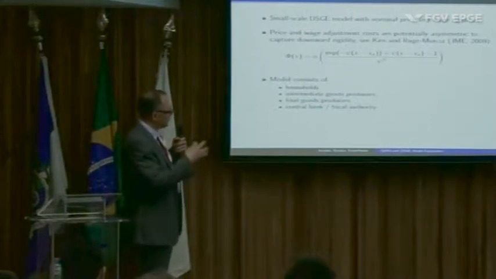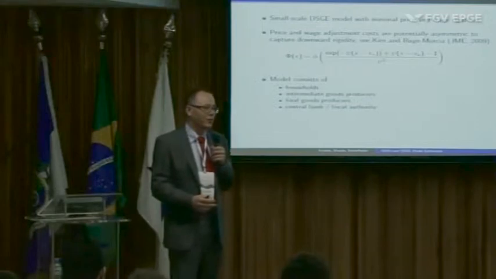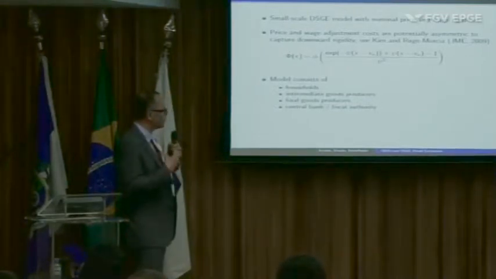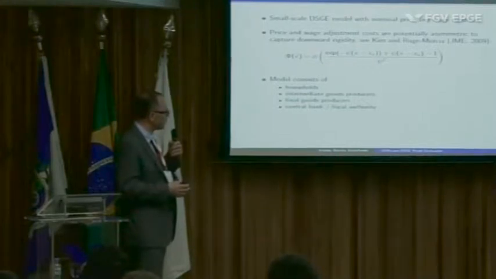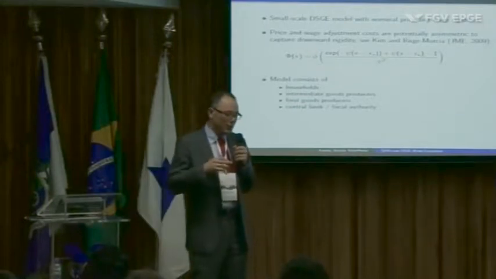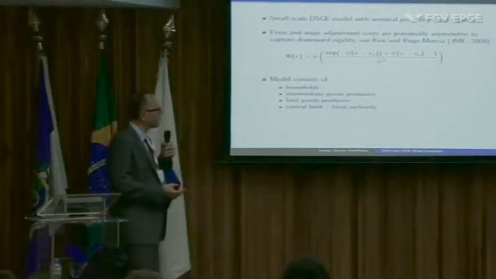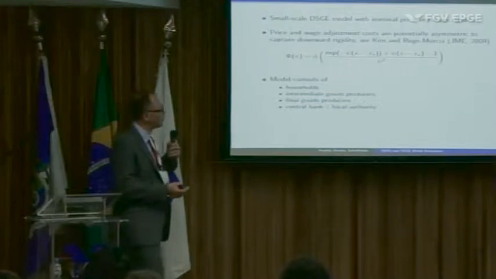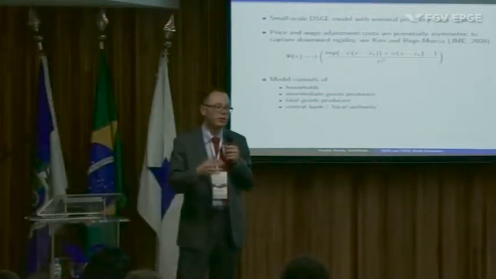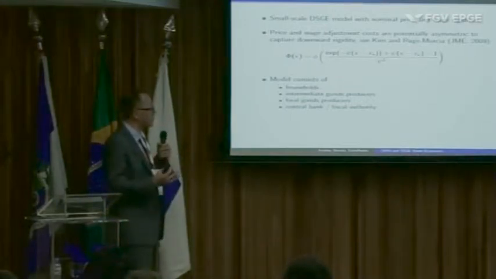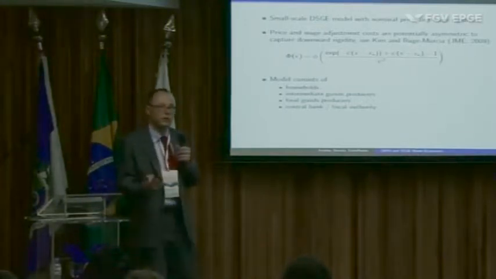Now, in the second iteration of this process of looking at various models, we basically said, okay, let's use some ad hoc way of introducing some nonlinearities, and this would be asymmetric wage and price adjustment functions that capture some nominal rigidities, but can be potentially asymmetric.